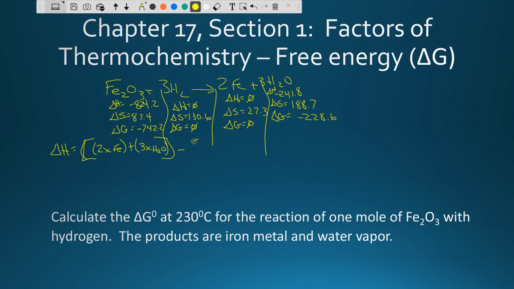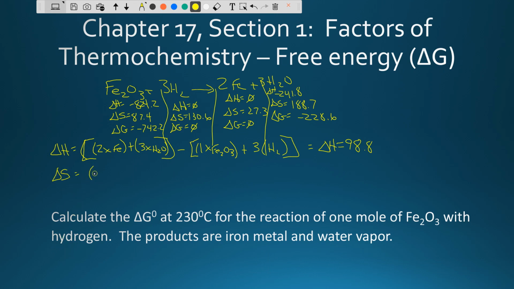Minus my 1 times my iron 3 oxide plus my 3 times my hydrogen. Okay, if I just plug all those values in, I'm going to get a value of delta H equals 998.8 kilojoules.